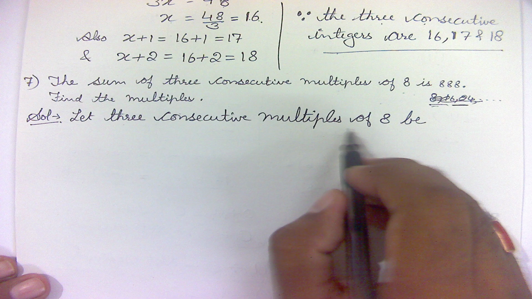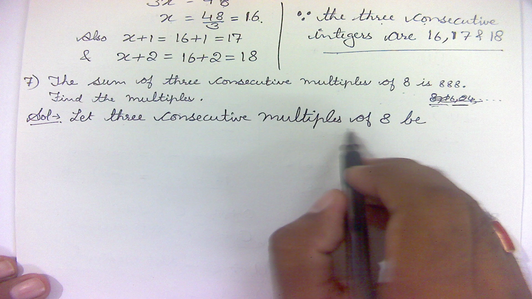So doing this, 8x plus 8x plus 8x, this is 24x, plus 16 plus 8, that also gives you 24, equals 888. Then 24x equals 888 minus 24. Now 888 minus 24 is 864, so 24x equals 864.